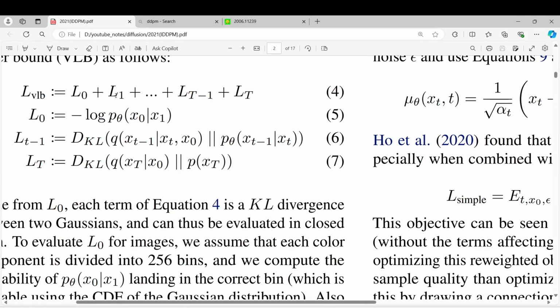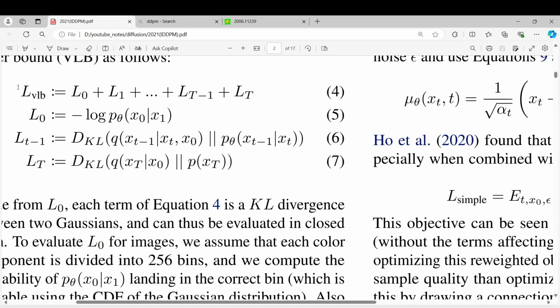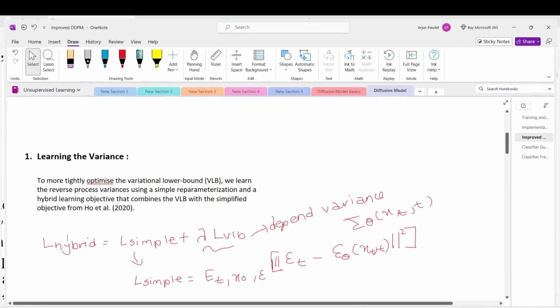This will contain the terms L0, L1, and other terms involved here. They use this L_VLB, which will help us learn the variances also.